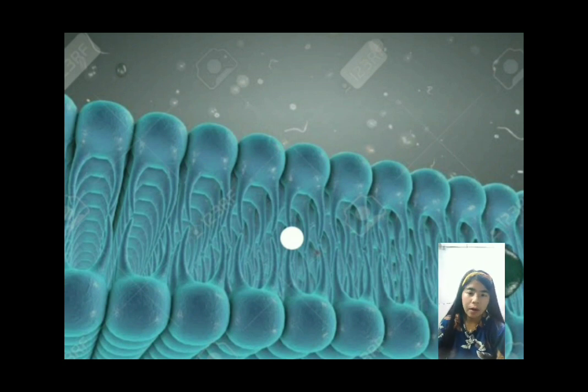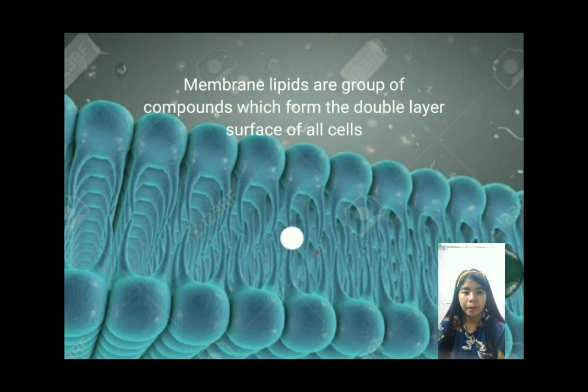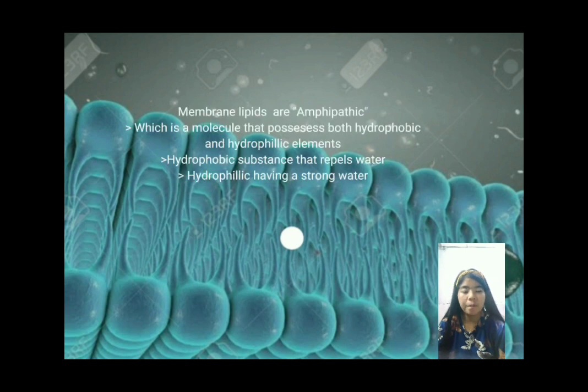So let's talk about what is membrane lipids. Membrane lipids are a group of compounds which form the double-layered surface of all cells. Membrane lipids are amphipathic, which is a molecule that possesses both hydrophobic and hydrophilic elements. When we say hydrophobic, substances that repel water, while hydrophilic having a strong affinity for water.